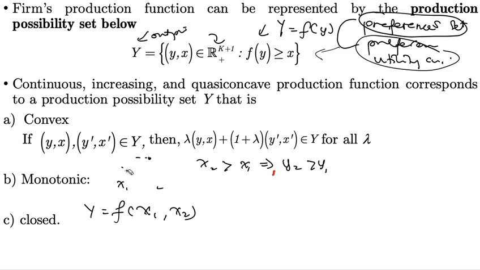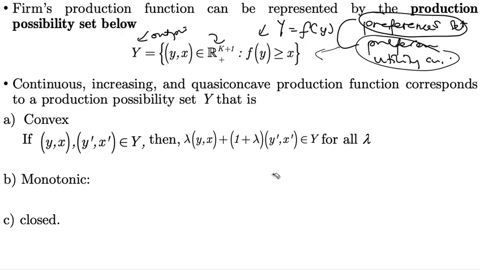But in reality, we don't only need two factors of production or inputs, because just imagine if you want to produce a pair of shoes, you need labor, you need a sewing machine, you need raw materials, and many more. All right, but in a simplified world, I use two inputs here.